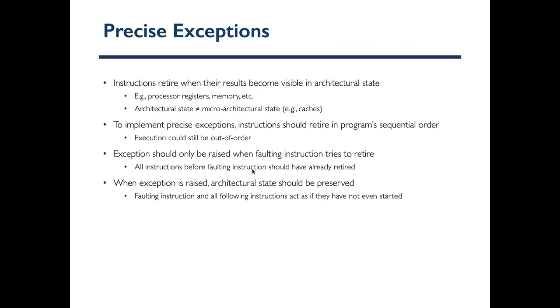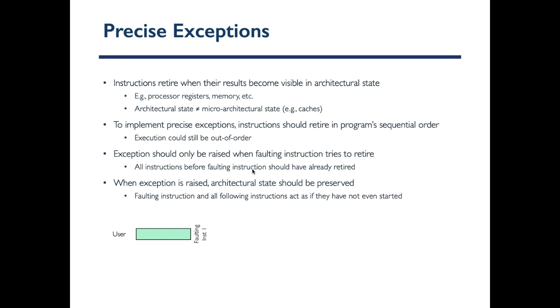Not this faulting instruction, not any other instruction after it. So I just disregard my executions. If I'm holding the results in my buffers, I just flush my buffers. I take care of my exception, and then I resume by re-executing the faulting instruction.